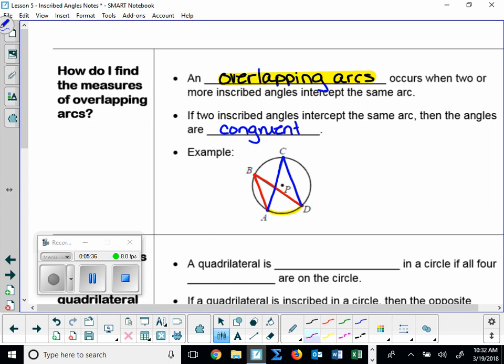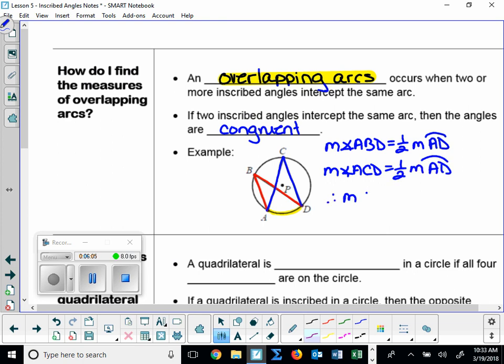Angle ABD is half of AD. Angle ACD is half of AD. Well, they equal the same thing. So the measure of angle ABD equals half the measure of arc AD. The measure of angle ACD equals half the measure of arc AD. Therefore, the measure of angle ABD equals the measure of angle ACD.